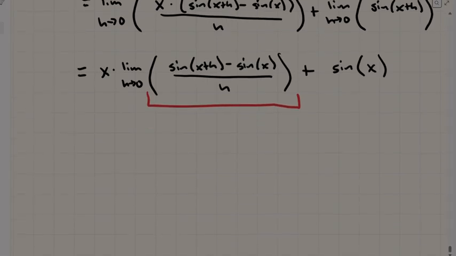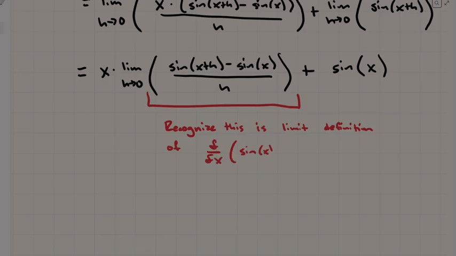This one, rather than doing any more work here, we're going to recognize that this is the limit definition of the derivative of sine x, which we already proved is cosine of x.